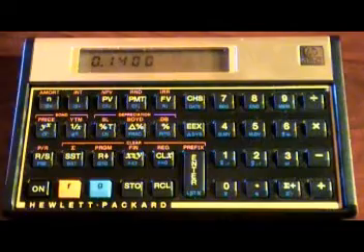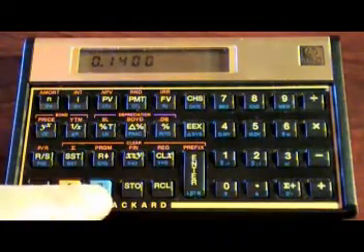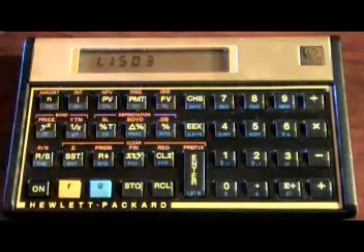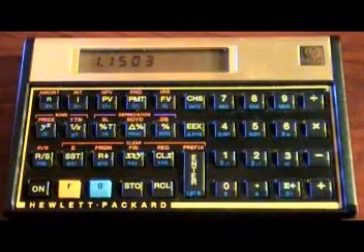Now we need to hit our blue G shift button and then e to the x to get 1.1503.